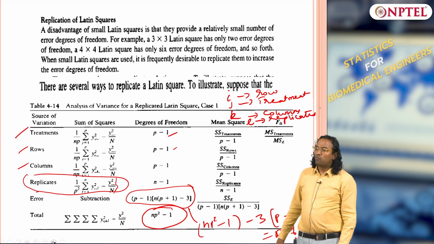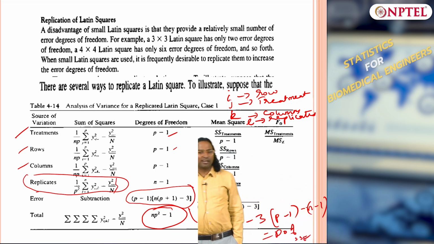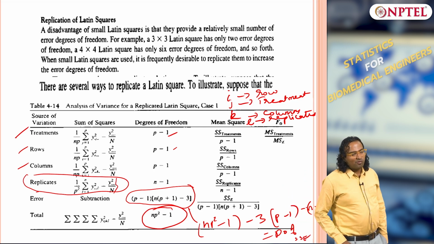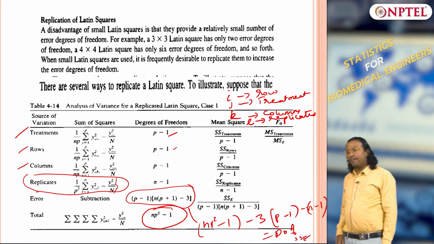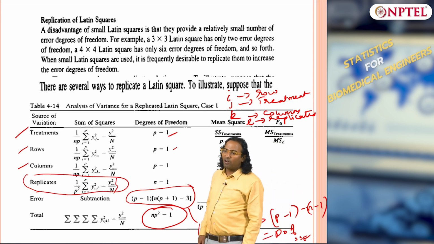So you have 4 indices. When you replicate, this has to be kept in mind, the replicate variation also has to be accounted for. That is why you will have 4 indices: i for rows, j, here I have taken for treatment, k for columns, and l for replicates.